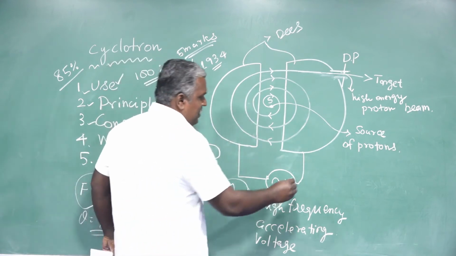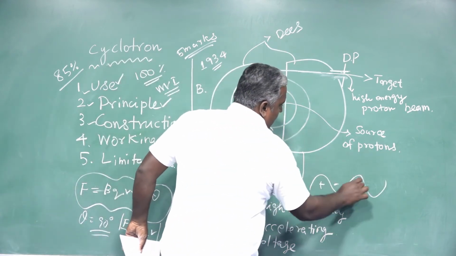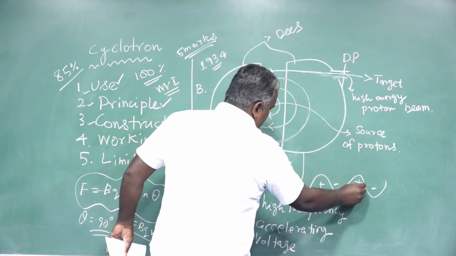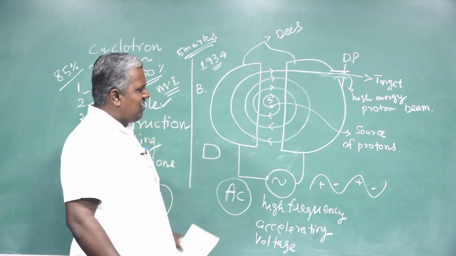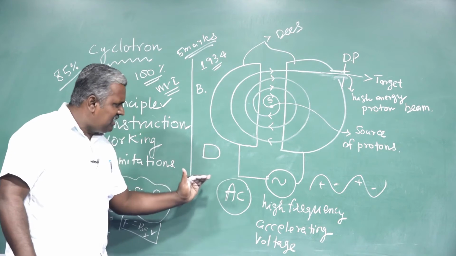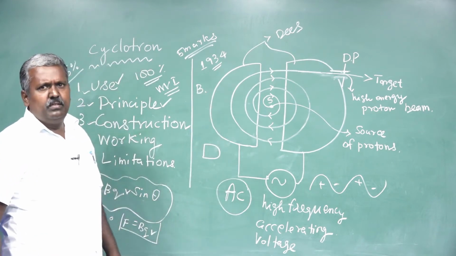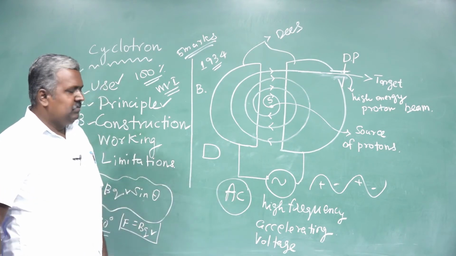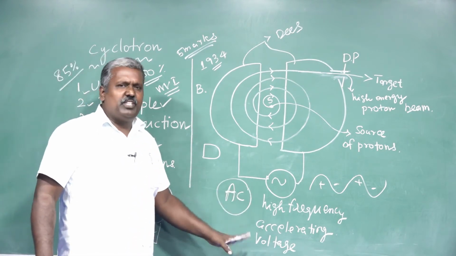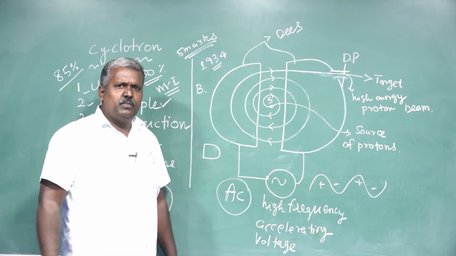What is AC? Alternating voltage. High frequency accelerating voltage, high frequency alternating voltage. That means it is connected with the source of AC, alternating current, or high frequency electrical oscillator. Okay, no problem. You can say any one of the words.